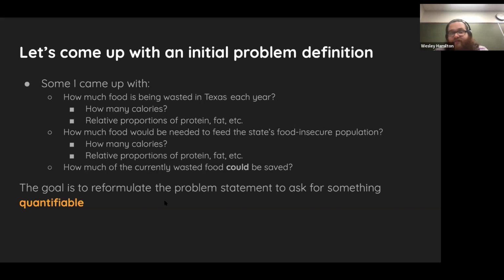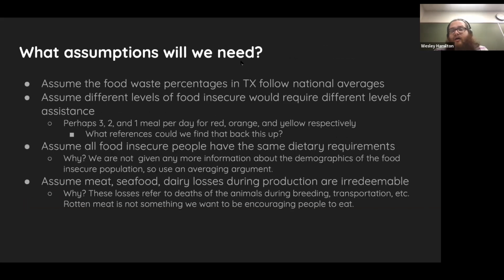Okay, right, so we have maybe an initial problem definition, or we have ideas for what this initial problem definition would be. Of course, we're going to make a bunch of assumptions to narrow the scope of the questions that we have to answer, and just make the analysis easier in general. Okay, so some assumptions that were given.